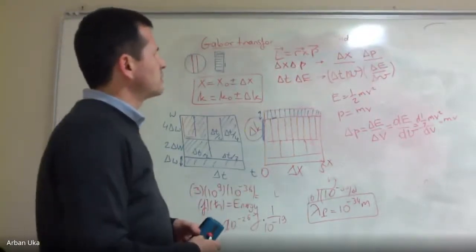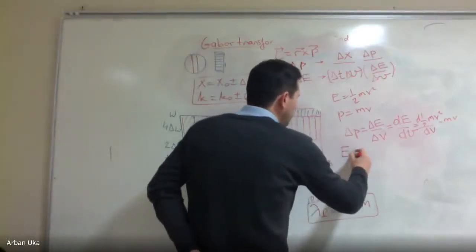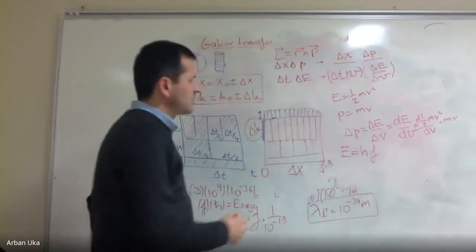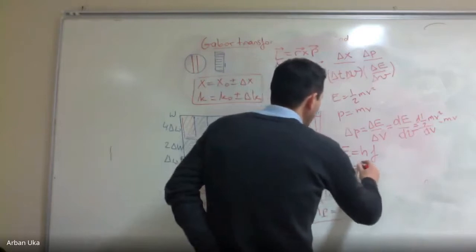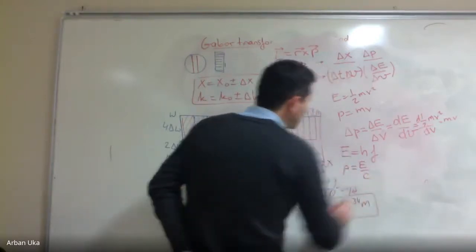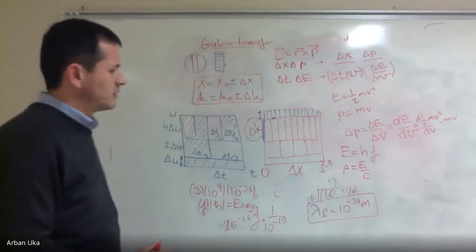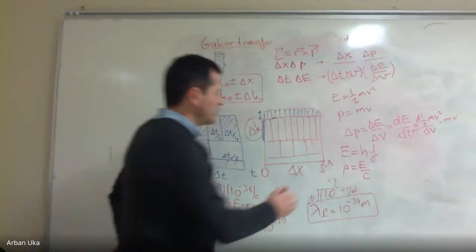For example, the photons have an energy. So energy for a photon is hf, a constant times the frequency. The linear momentum P is equal to energy divided by the speed of light. So in electromagnetic waves, you have seen this one. We used to divide the energy of a wave by C, and we get the momentum.